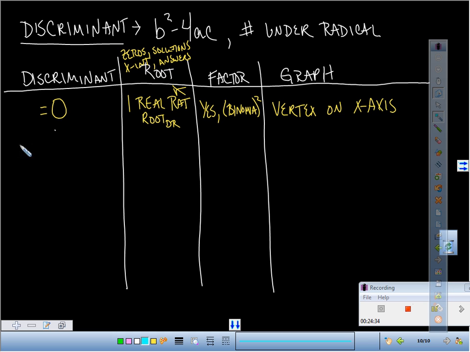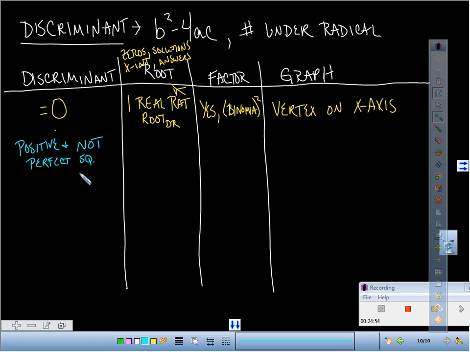What if my discriminant was positive and not a perfect square?